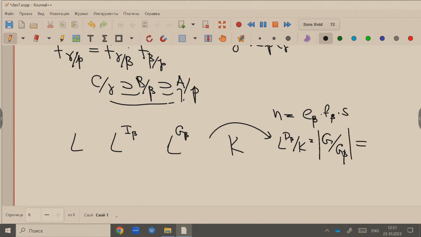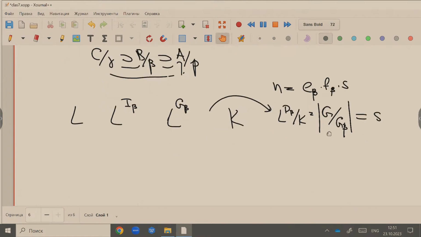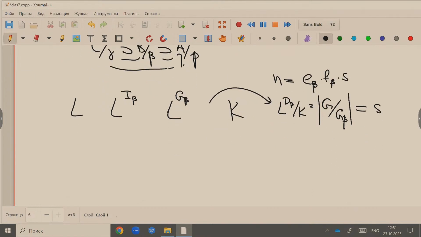So this is the number of elements in the orbit. Yes, so the prime ideals form the orbit. So prime ideals beta form one orbit.